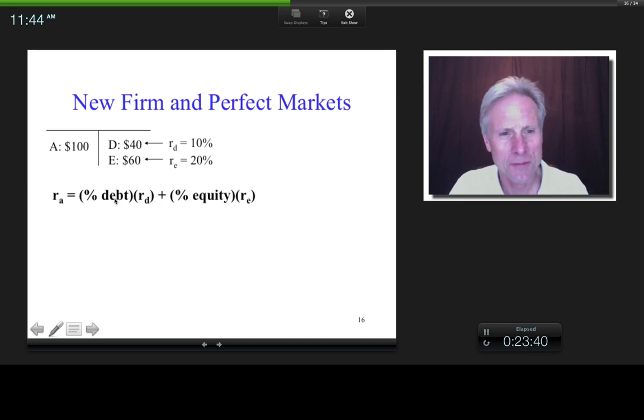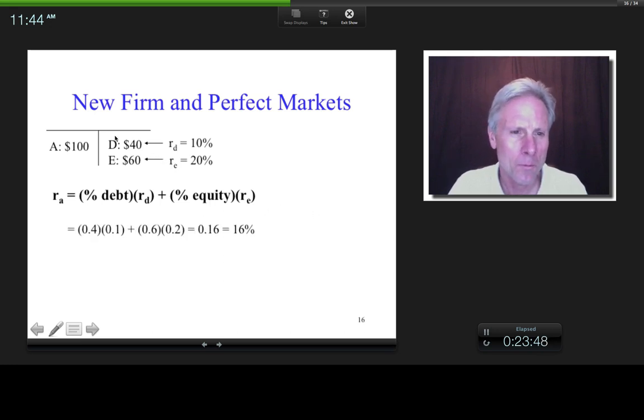And so essentially, the discount rate for the asset investment decision is the amount of debt we have times the required rate of return of debt, and the same with equity. So in this example, we have 40% debt on this side with a required rate of return of 10%. So there's that 0.4 and the 0.1. And we have 60% equity on that side, with a required rate of return of 20%.